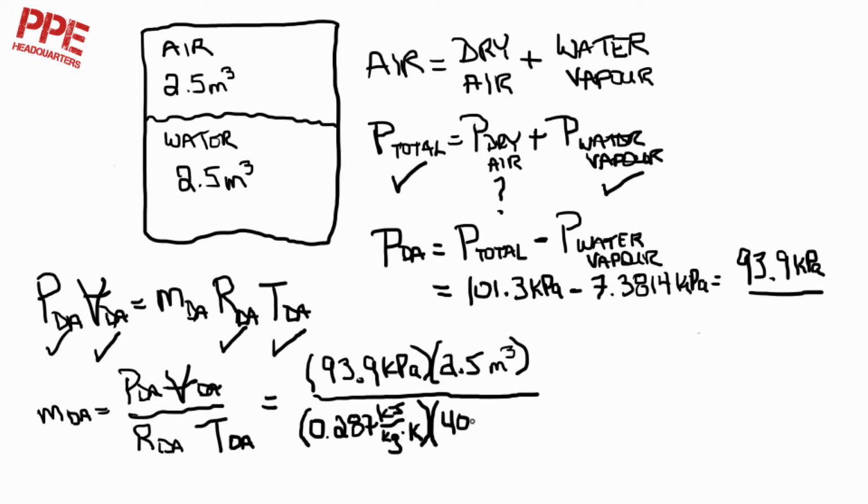We're at 40 degrees Celsius, but in order to take it to the Kelvin scale, we need to add 273. Multiplying by 0.287, that gives us roughly 2.6 kilograms.